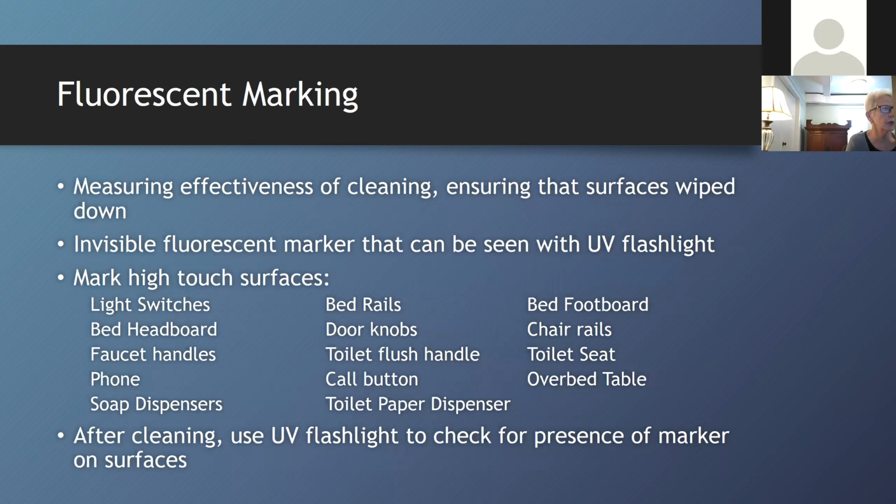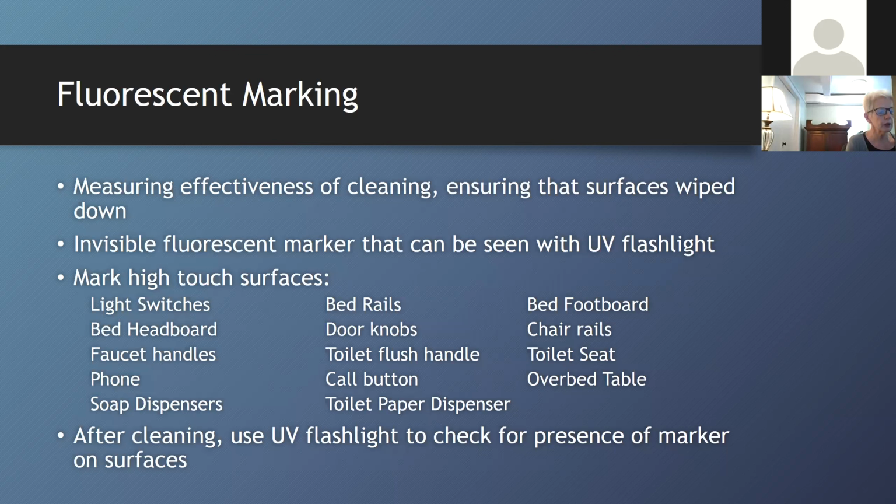They'll mark some surfaces. The environmental service person will come in, not knowing what, if anything, has been marked, and clean the room. You'll go back and use a flashlight to look for presence of the marker to determine if it's been completely removed, which indicates the surface is well cleaned, or if it was just smeared and the surface was just touched.